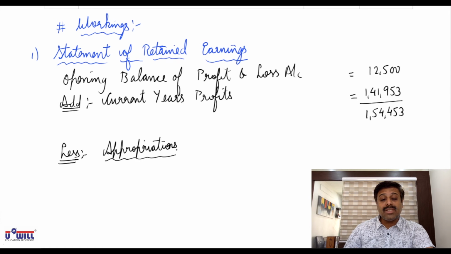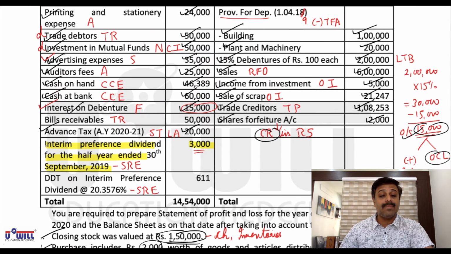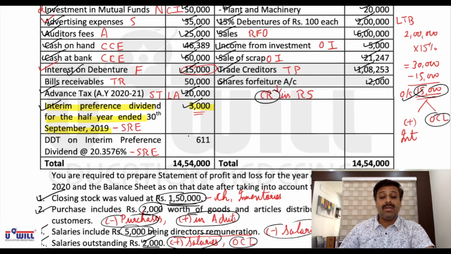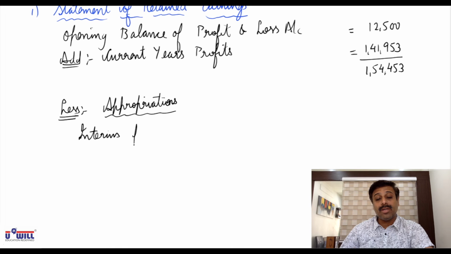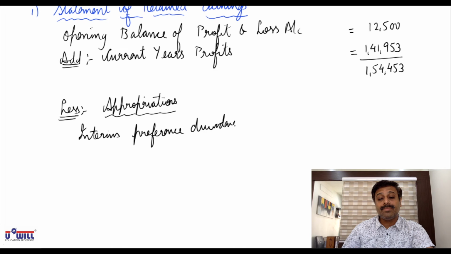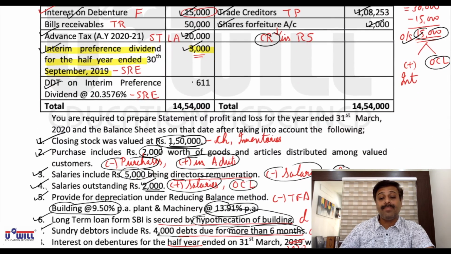In appropriations, in the trial balance we have marked interim dividend and dividend distribution tax, that we have to minus. Interim preference dividend of 3,000 we have to minus. Then dividend distribution tax was also there, 611.